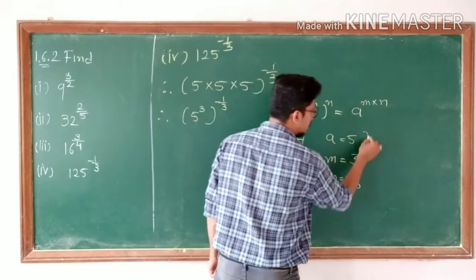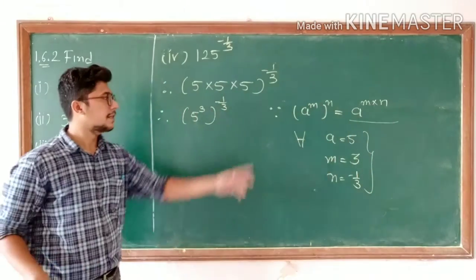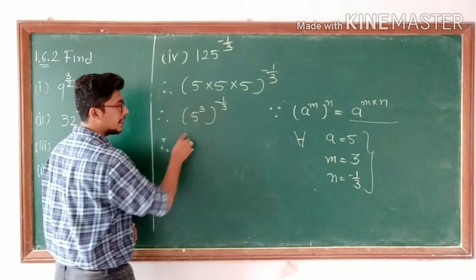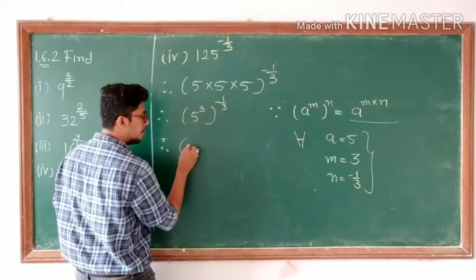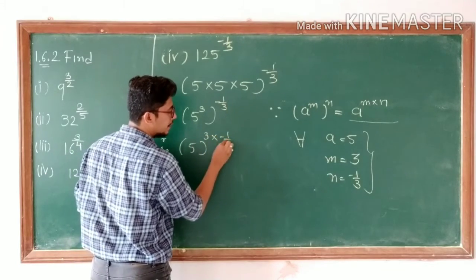Put all these values where? To the right hand side of the identity. Now putting the values in the right hand side of the identity, you are getting 5 power of 3 into minus 1 upon 3.